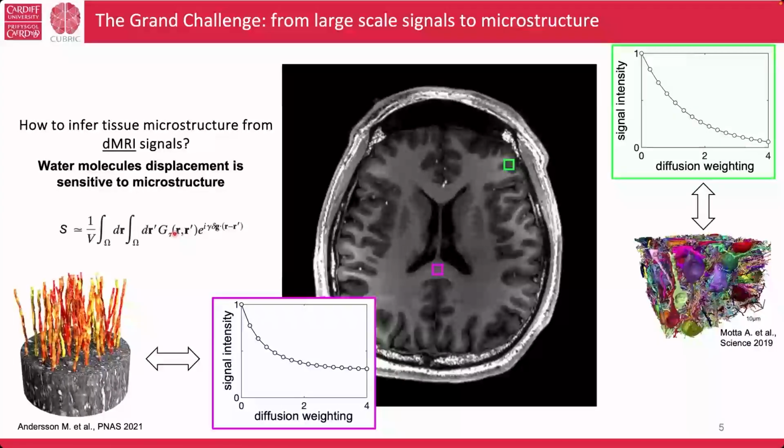Now, the question of accessing microstructure can be reformulated as: can we obtain information about this probability density function? Because it's the Fourier transform, there is this term here which allows us to probe this probability density function. Let's have a look at how this works.